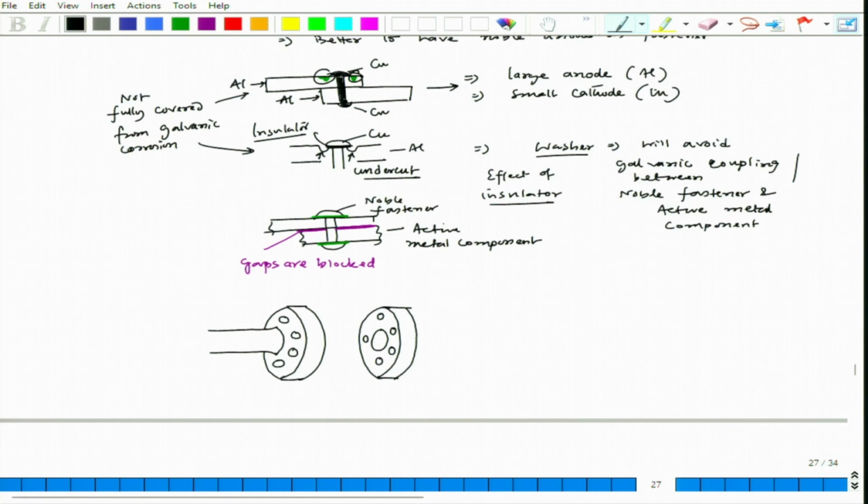Okay. So, this is a joint there. Let us say we have to avoid that contact between these two opposing ends.